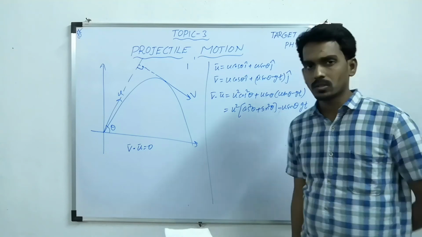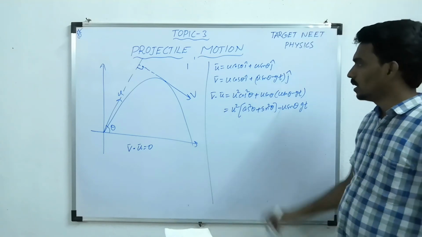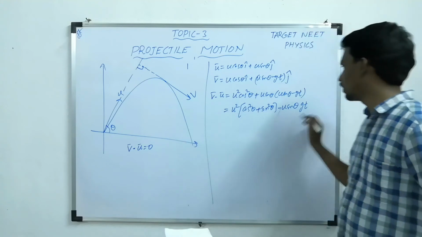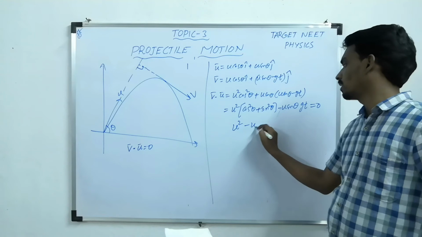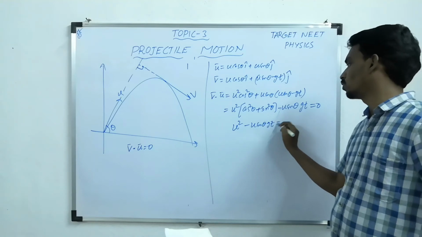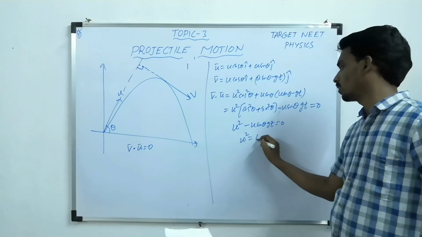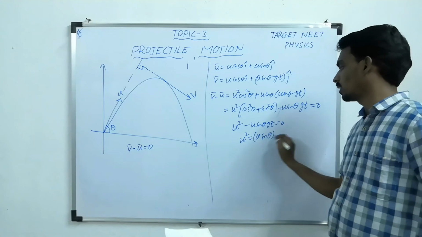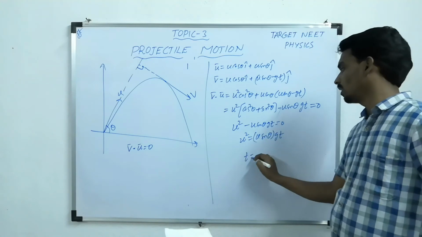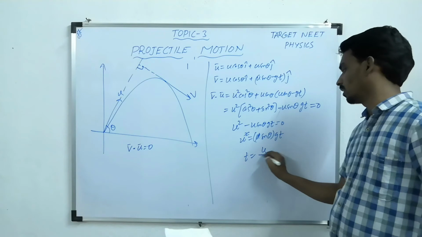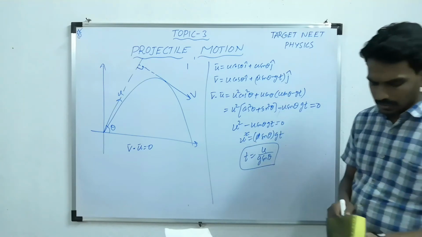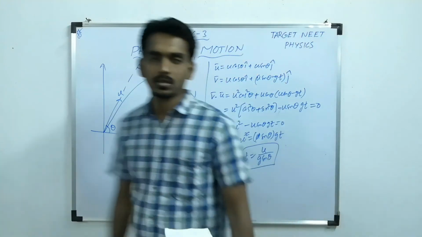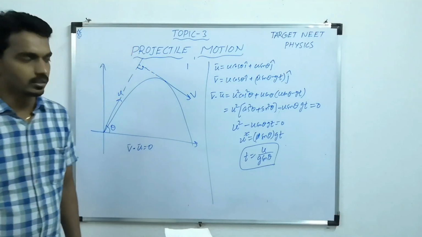Sin square theta plus cos square theta is how much? 1. But this dot product should be equal to 0. Then u square minus u sin theta gt should be 0. So u square equals u sin theta into gt. Then t will become, u cancels, u by g sin theta. Like this, many questions will come based on different things.